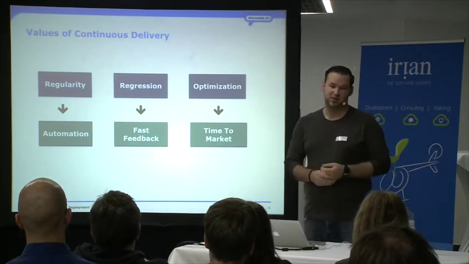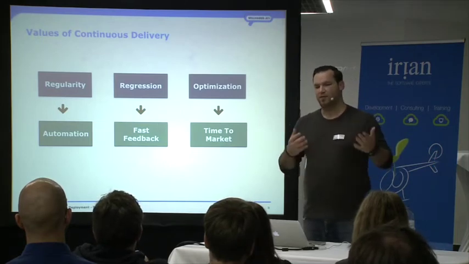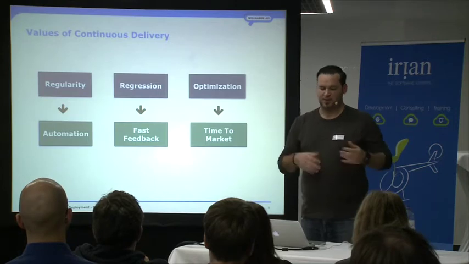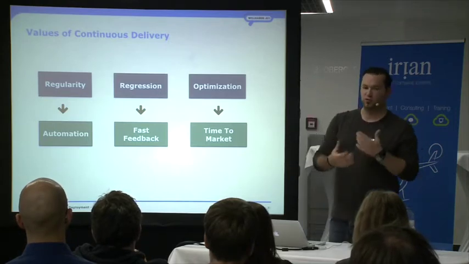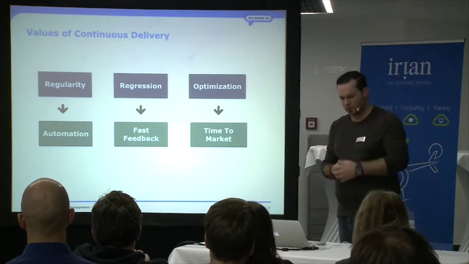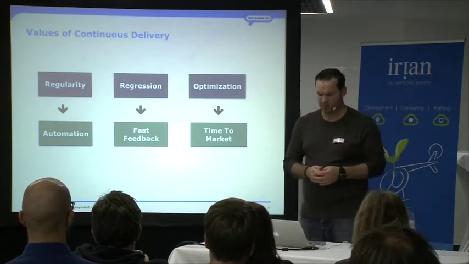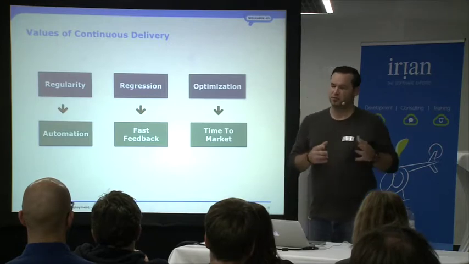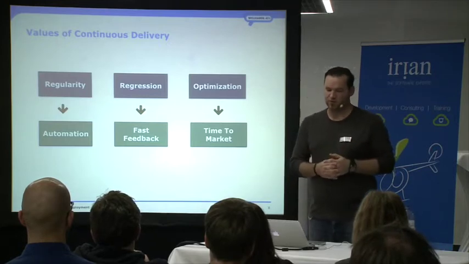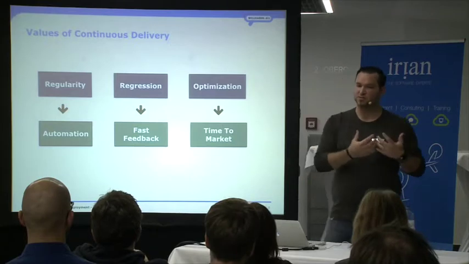This is something you can automate, and it produces artifacts and regularity, so you get used to it and get fast feedback. We'll have a look at this a little later. And regression is very important: if you fix a problem, you hopefully create a test to ensure that your fix is working.